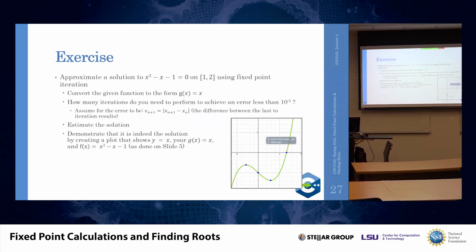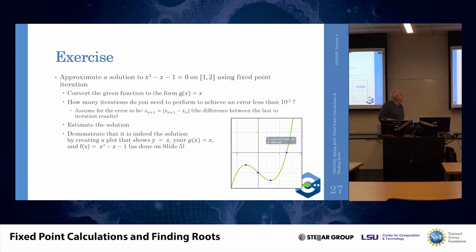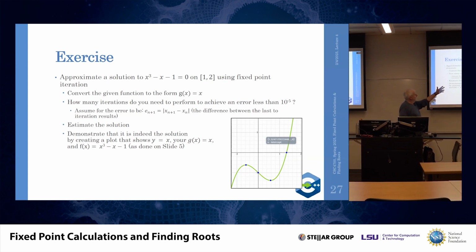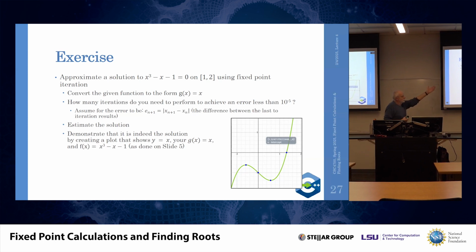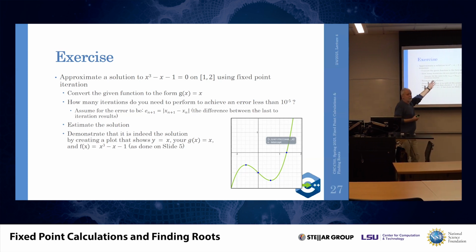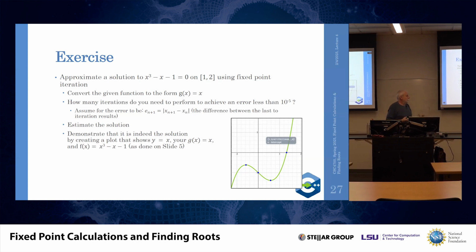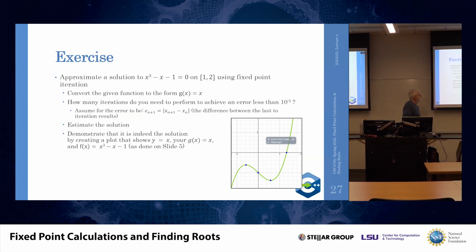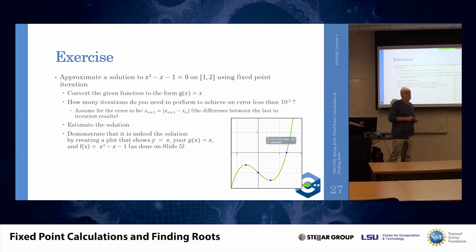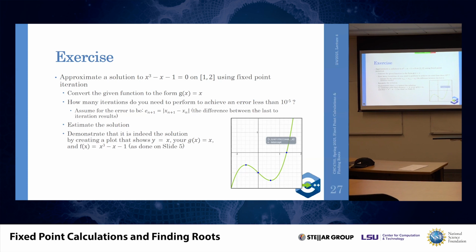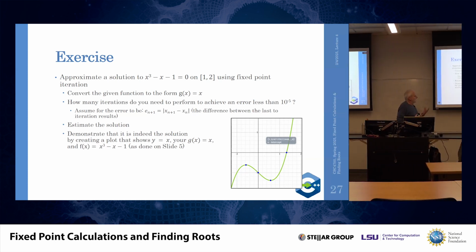I just wanted to add an exercise if you really want to play with it. What about if you just use an arbitrary function? Play around with it. This is an example where I know that it will converge. Convert the given function into that g of x equals x form. Answer the question, how many iterations do you need to reach a certain precision? Estimate the solution.